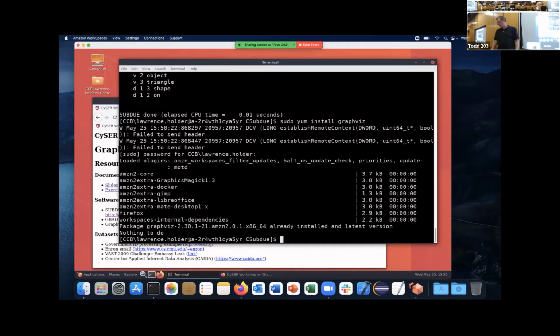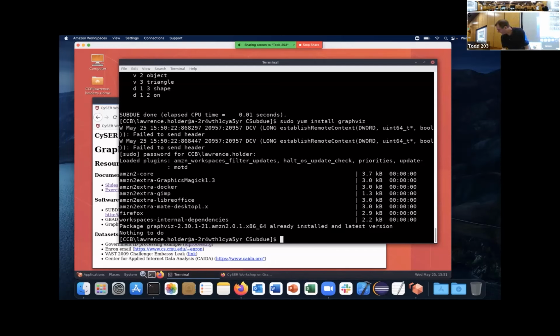So GraphViz gives you a couple of programs. One's called DOT, which is a program that visualizes a graph expressed in dot format. And we'll also use one called SFDP, which is another visualizer that's a lot faster and can deal with larger graphs, which we'll use on our last example.